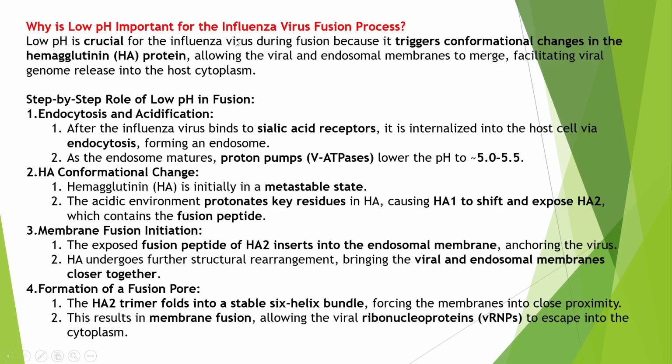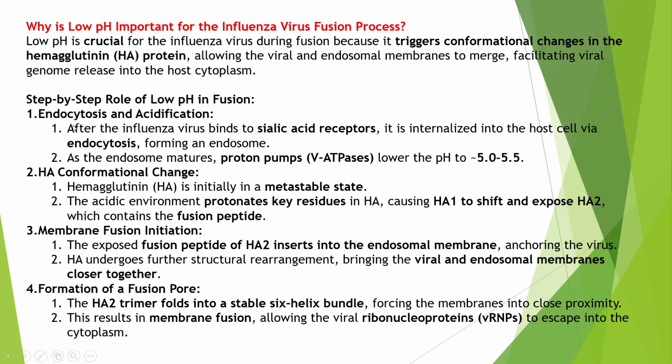So this allows the viral and the endosomal membranes to merge. So they fuse together. This will facilitate the genome release into the cytoplasm. So only when the membranes fuse, it can release its own genome into the host cytoplasm. So this is a very important step. So let's go step by step how this occurs.